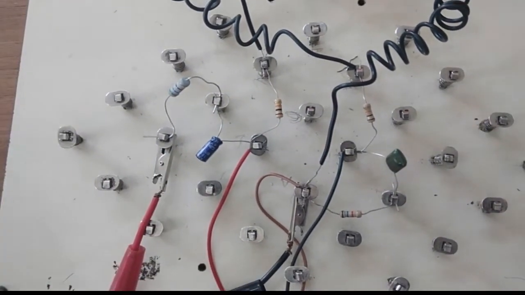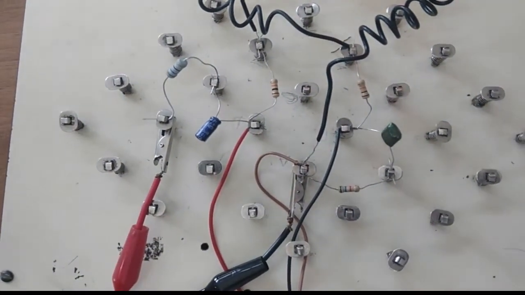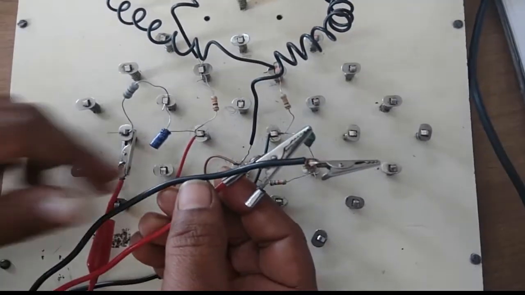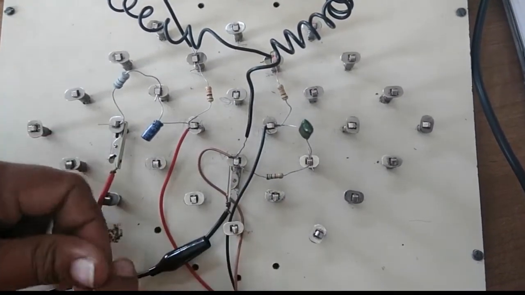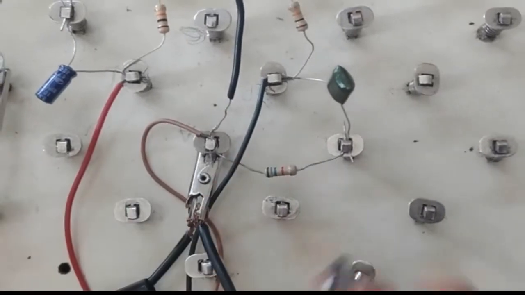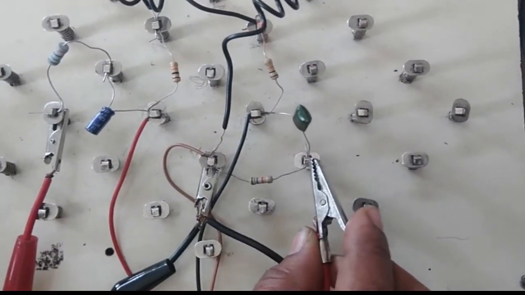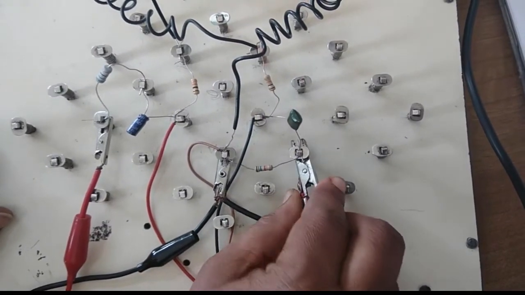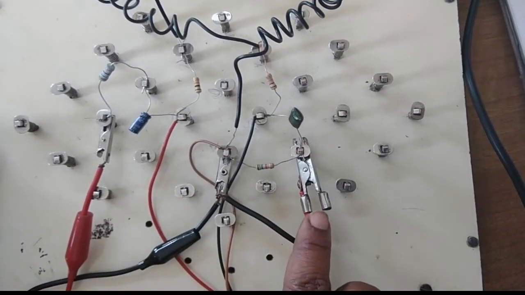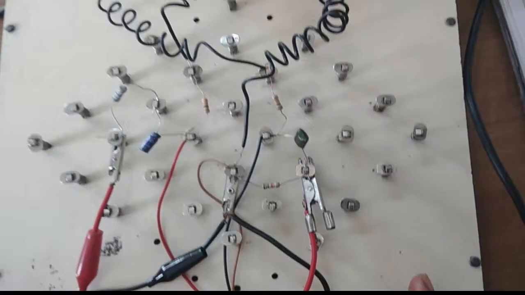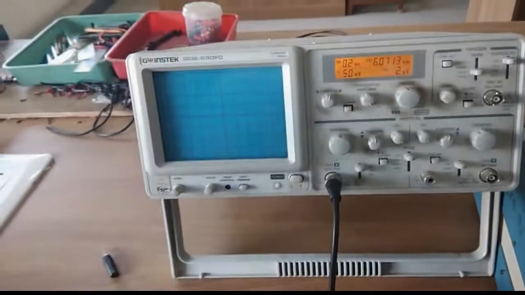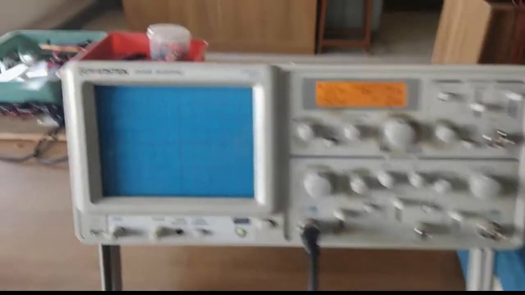Then I take the CRO probe. This is the CRO probe. Again, negative should be connected to base because it is a common ground. Positive, the other end of that resistor, I need to connect. As soon as I connect here, you can notice what happened to the CRO.